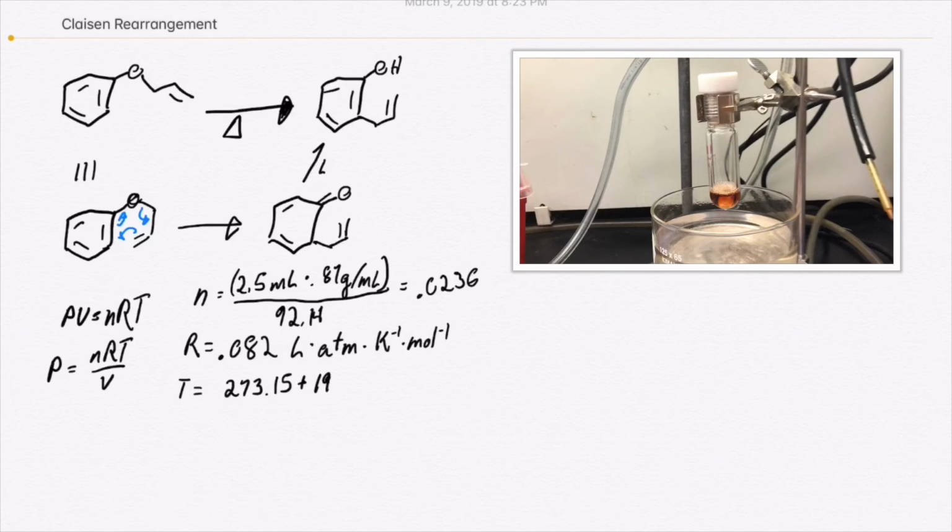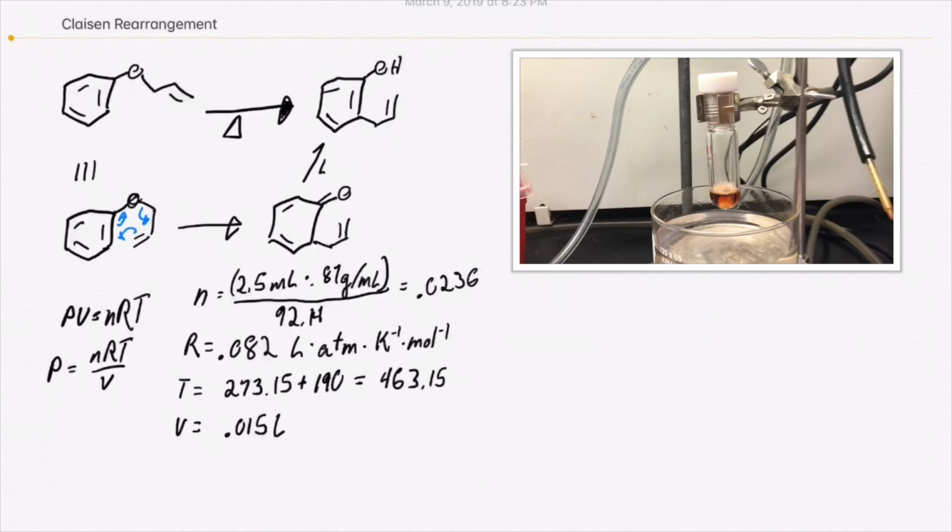Plus 190 degrees Celsius is going to give us 463.15 degrees Kelvin, which is pretty crazy. And then finally, the volume is going to be 0.015 liters.